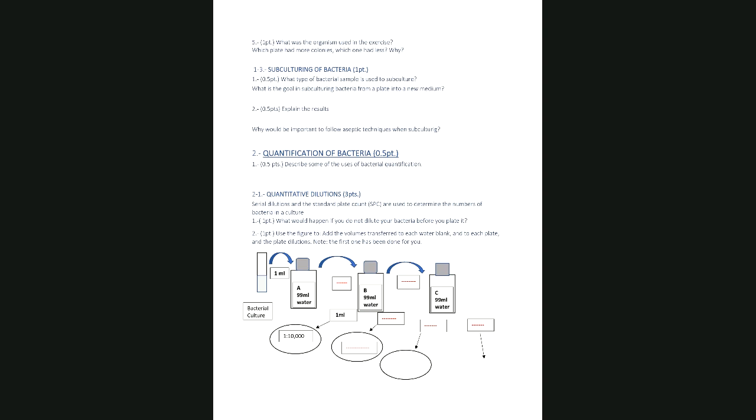Okay, so you have to calculate dilutions. Notice also that instead of plating 0.1, we're plating 1 mil, which makes sense because these bottles have 100 mils, so you are plating more because the volume is also more.